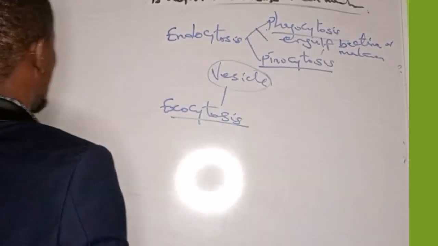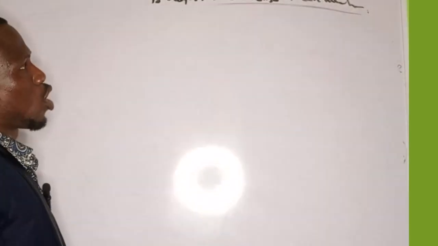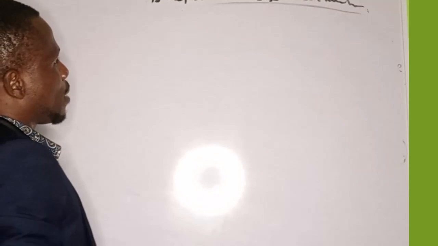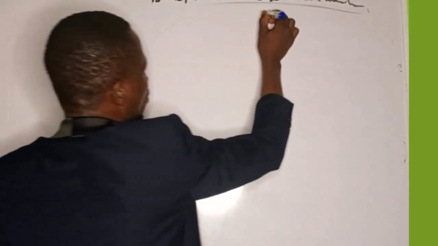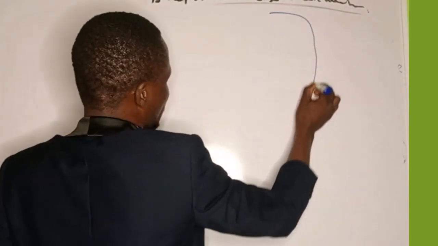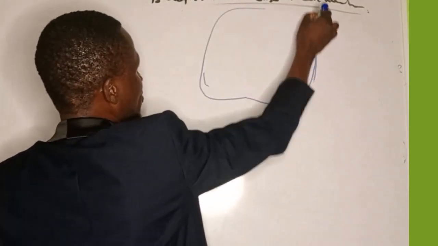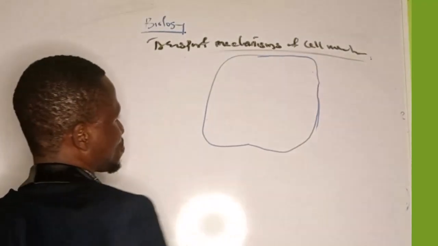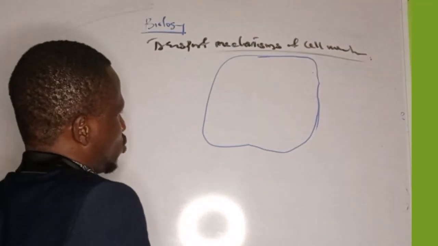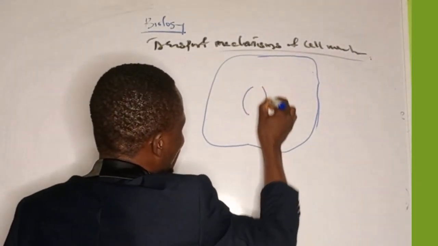So, having known this, now you can be able to draw the animal cell. If this is an animal cell, you will know that the nucleus is going to be placed at the center of the cell.